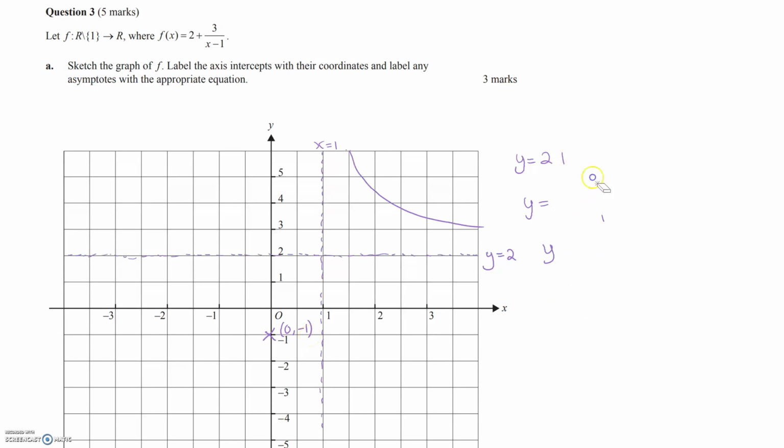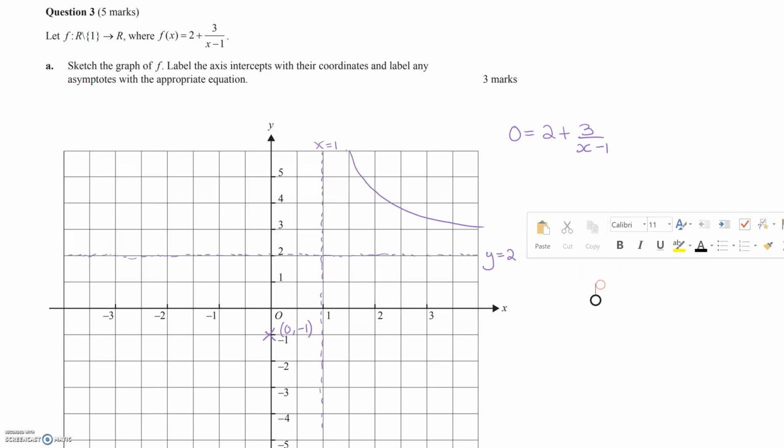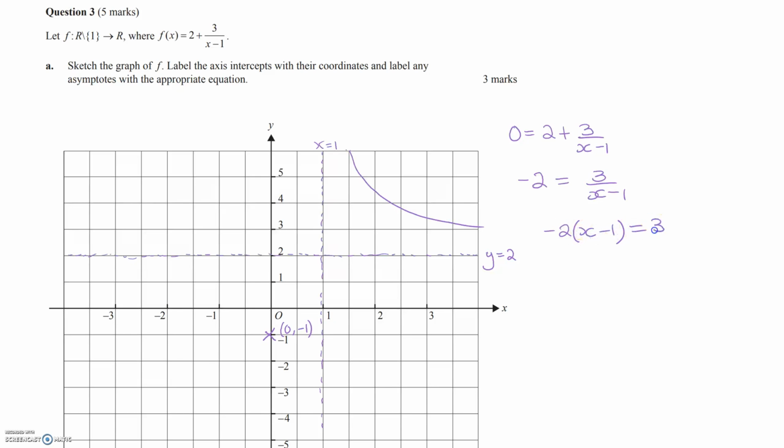And then the other thing that I need to work out is obviously my x-intercepts. This is where y is 0. So I'll get 0 is equal to 2 plus 3 over x take 1. I can move this 2 over to the other side. So I'll get -2 is equal to 3 over x take 1. Times both sides by x take 1, -2 times x take 1 is equal to 3.